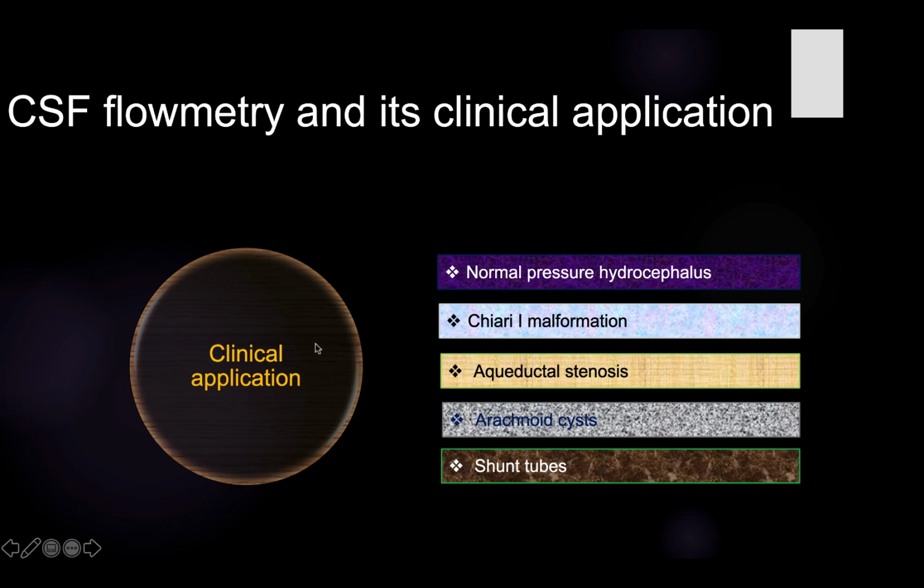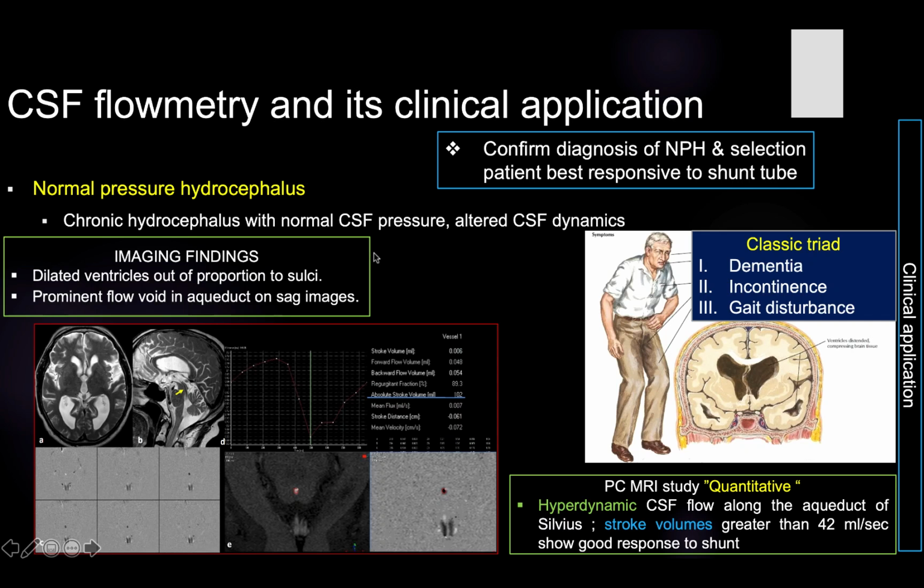Now we will start discussing the clinical application of the CSF flowmetry. The first one is normal pressure hydrocephalus.